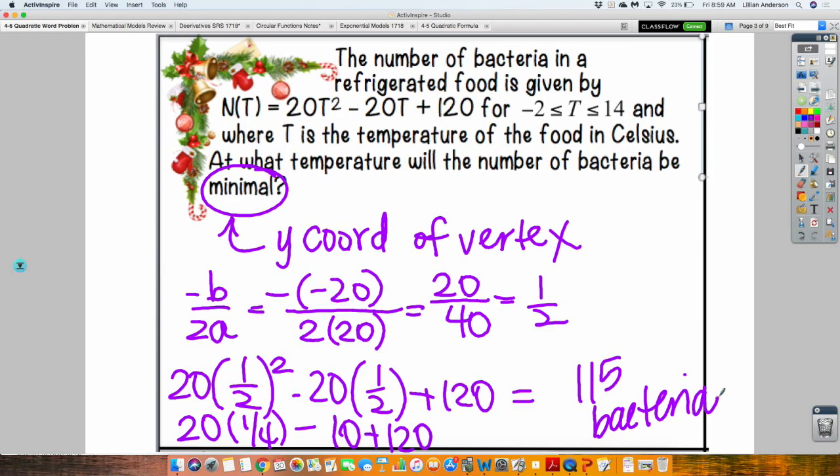Understand? So identify what the question is asking. Which one of the three things is it? Let's look at the second one. Read it.